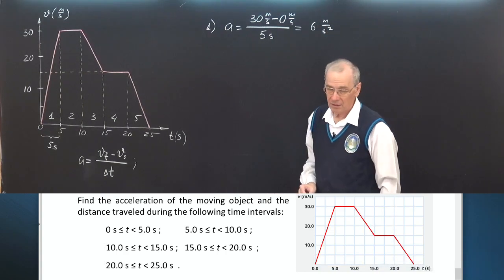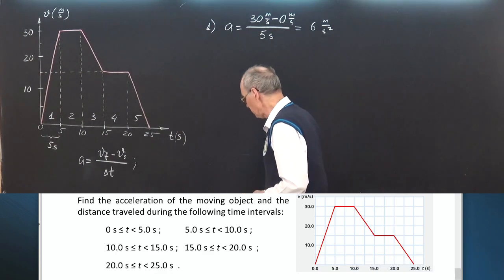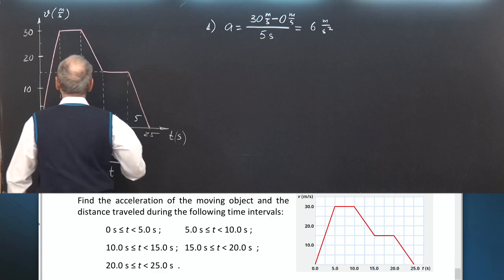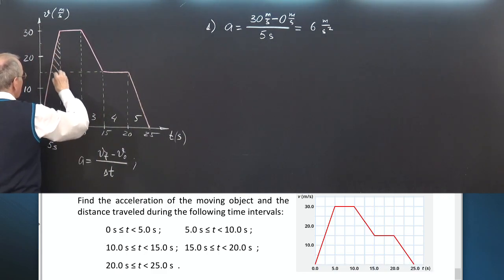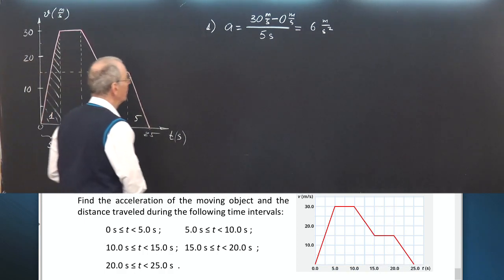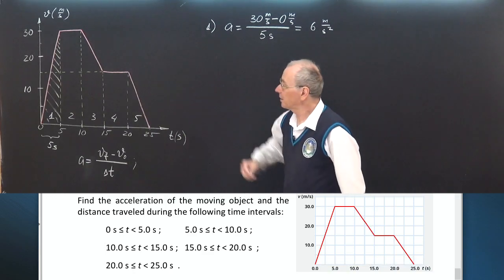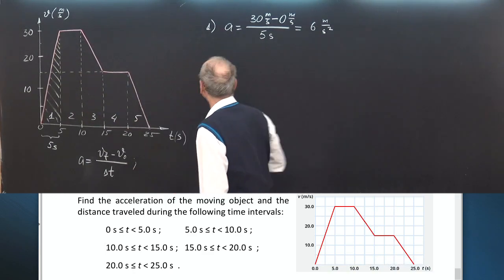To find distance traveled, the most simple method is to find the area under the graph. The area under the graph is the area of a triangle.